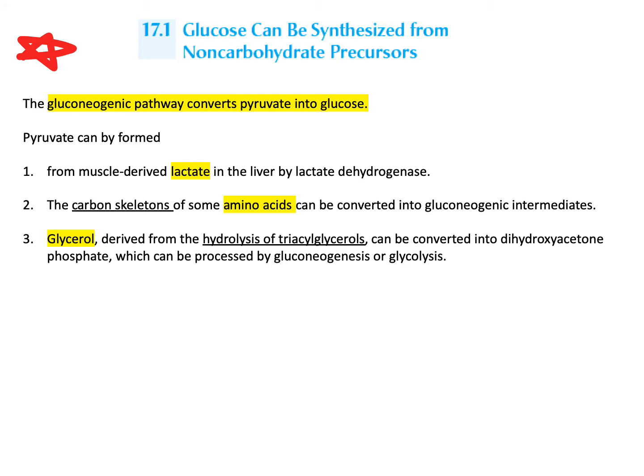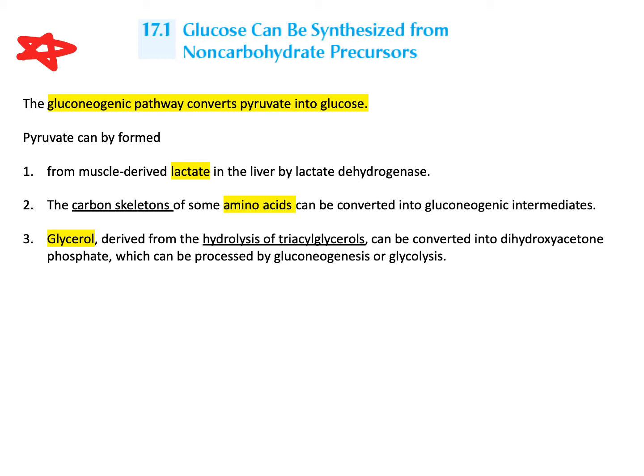Section 1. Glucose can be synthesized from non-carbohydrate precursors. So the gluconeogenic pathway converts pyruvate into glucose. And where can pyruvate come from? One source is muscle contraction.